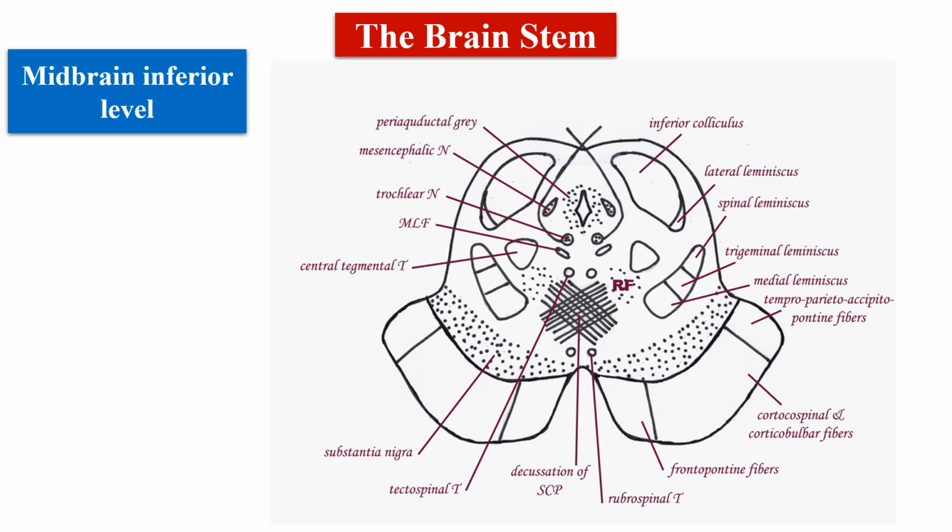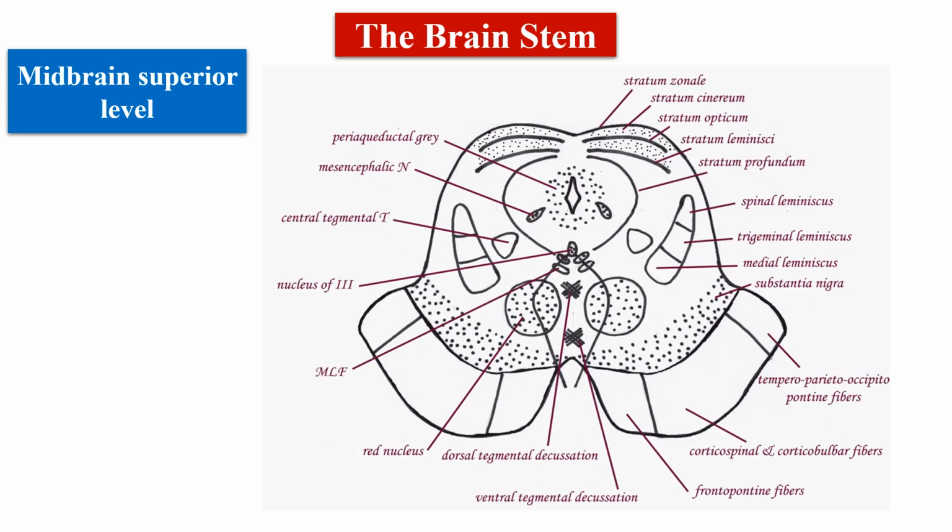We can notice that there is no red nucleus. What about the red nucleus? At the midbrain superior level, the characteristic feature of this level is the presence of the red nucleus. So at the inferior level, when there is no red nucleus, this is the level of the inferior midbrain.